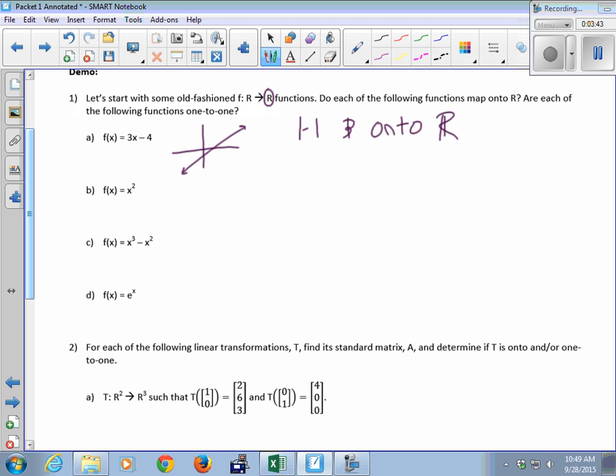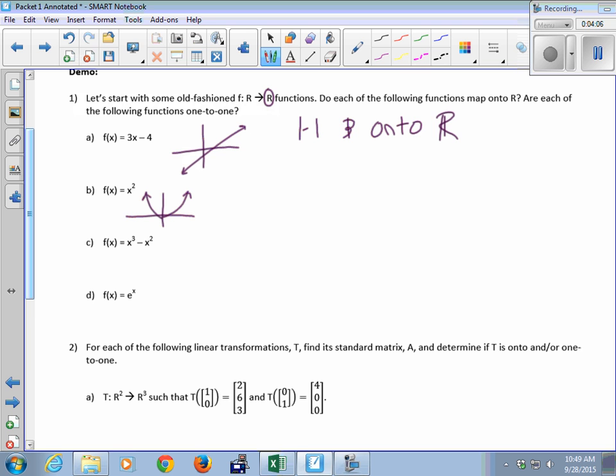All right, so going back to R to R, let's look at x squared. Is that one-to-one? It doesn't pass the vertical line test. Oh, yes, sorry, I mixed them up. The vertical line test tells you it's a function, and the horizontal line test tells you it's one-to-one.